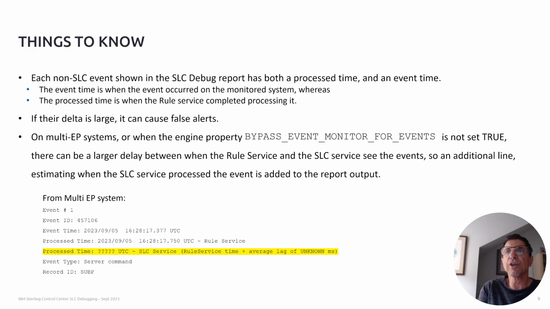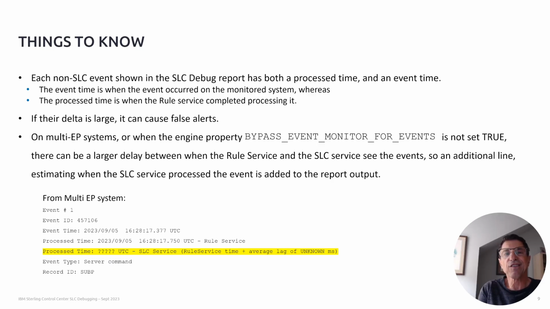Know that when you're looking at your SLC debug report, each non-SLC event will have both a process time as well as the event time when it occurred on the monitored server.